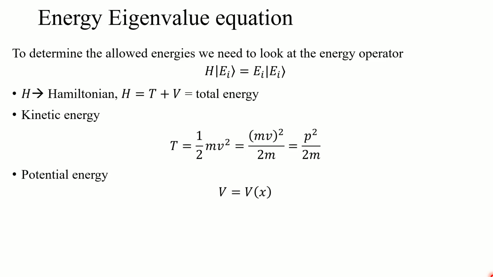The potential energy is going to be very system dependent, depending on what forces and interactions are there. But the only thing we really know is that it can only be a function of position. So we have some potential energy that's a function of position. Our Hamiltonian, written with the kinetic and potential energy that way, looks like this.